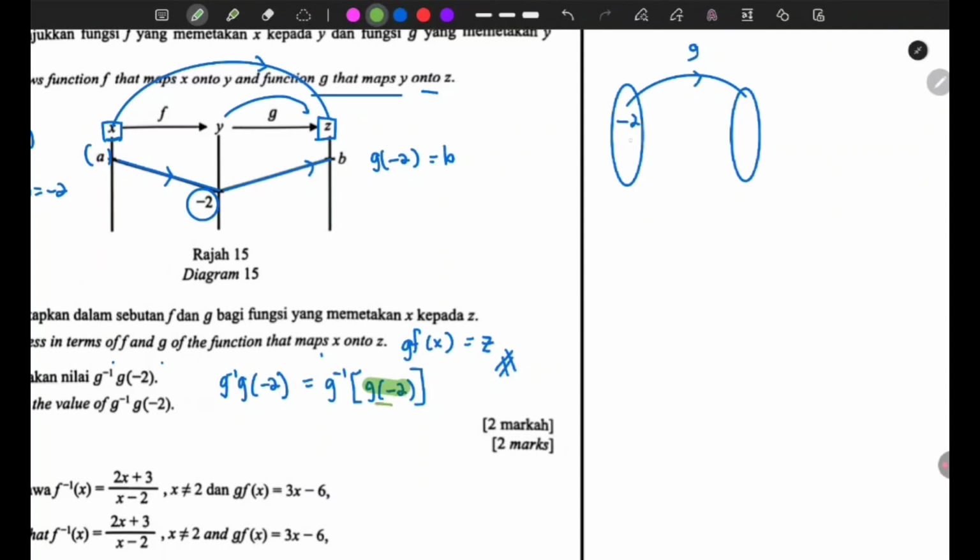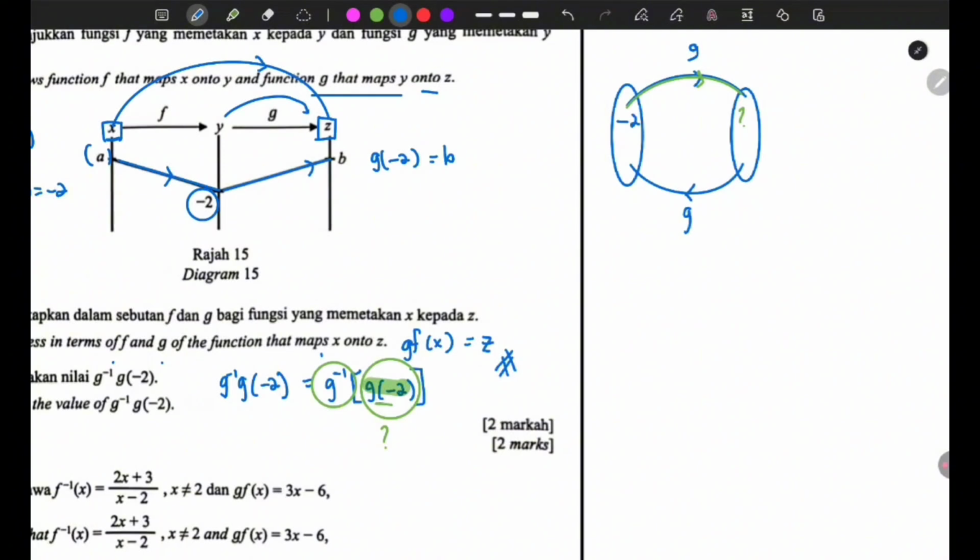So now my x is -2. I cross the function g, then I will get the answer for this, isn't it? Which is something I don't know, so I put maybe a question mark. And then I have to do my inverse function. So inverse means terbalik, isn't it? The g terbalik.